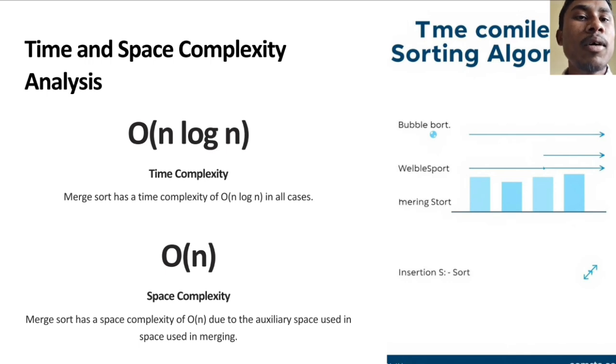Space complexity: merge sort has a space complexity of big O of n due to the auxiliary space used in merging. We can judge programs by their efficiency based on time complexity and space complexity. It is very important for maintaining time and space for any technique or process.